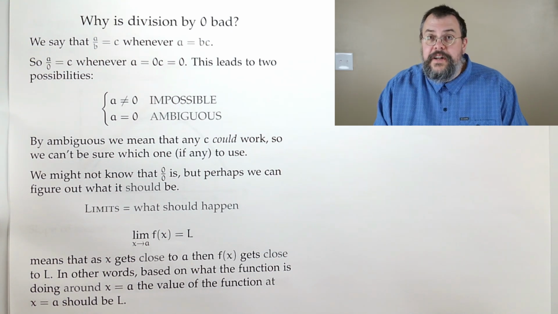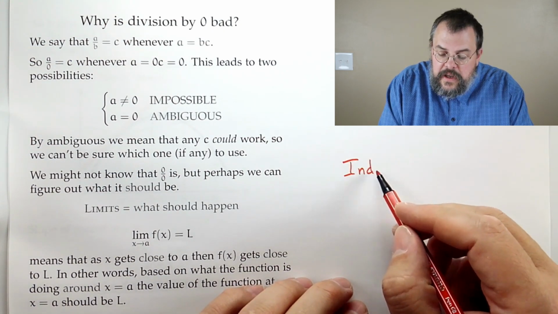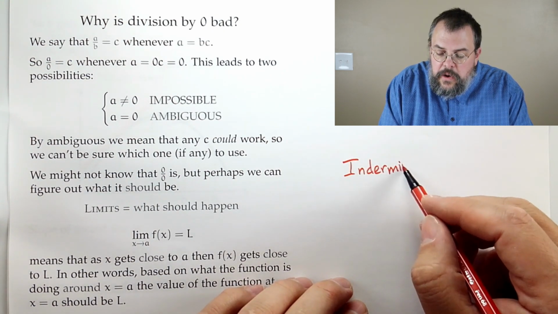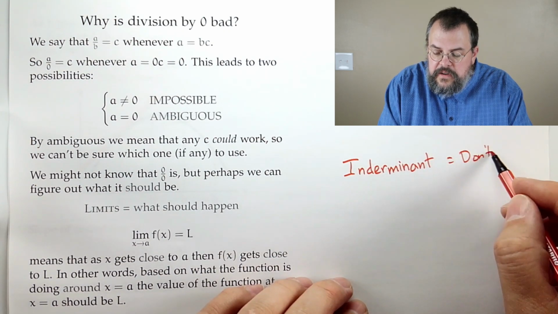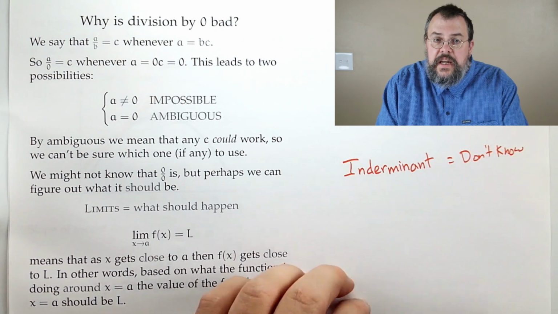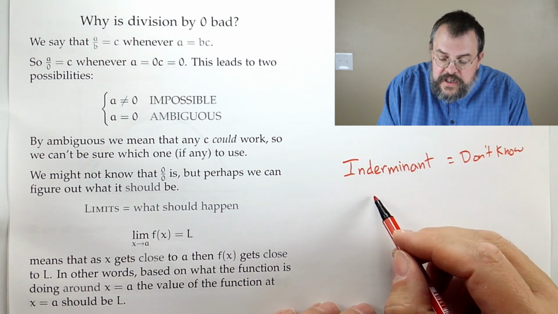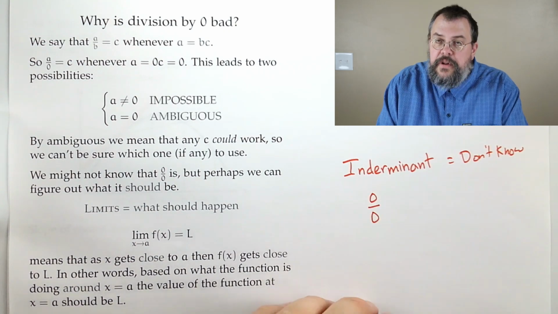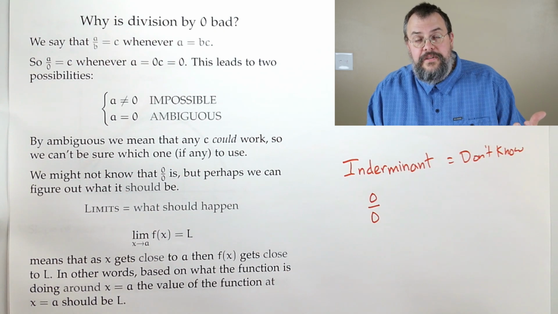Ambiguous is a very long word. There's another word you're going to hear from time to time. It's called indeterminate. What does it mean? It means we don't know. That seems like an easier way to say it. So it's some value that we don't know. Whenever we see 0 over 0, that's an example of something indeterminate. We don't know what the value is.